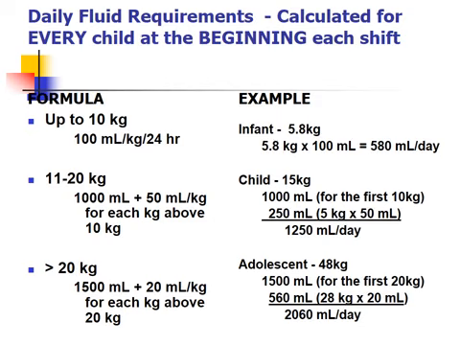So that gives us 560 milliliters. So the 560 milliliters is added to the 1,500 milliliters. So this adolescent is going to need about 2 liters of fluid, or 2,060 milliliters per day.